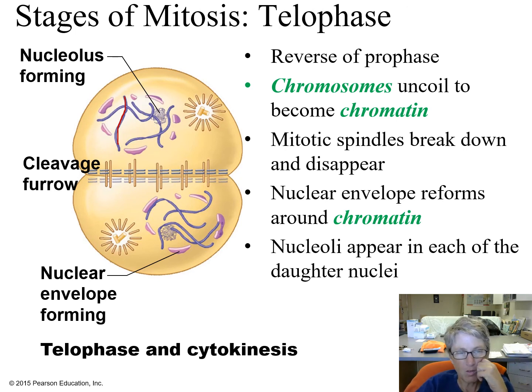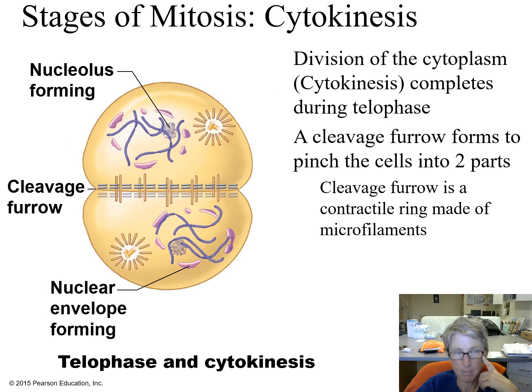The mitotic spindle starts to break down, so all those microtubules that were coming out of here, those break down. And then you see this purple stuff, the nuclear envelope will start to reform around the chromosomes of each daughter cell. And then cytokinesis is division of the cytoplasm, and it completes at the end of telophase, when you get 2 new daughter cells.